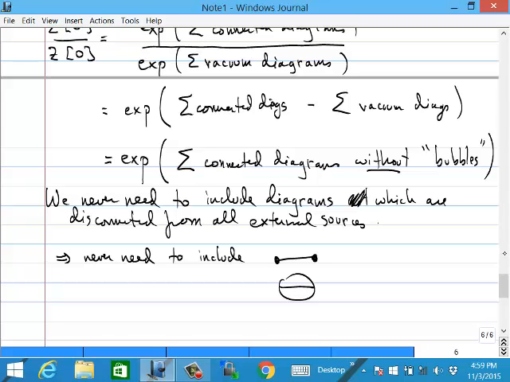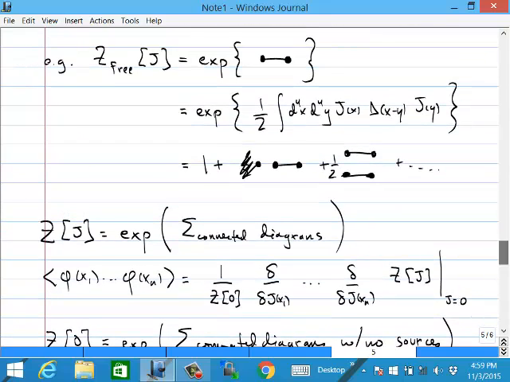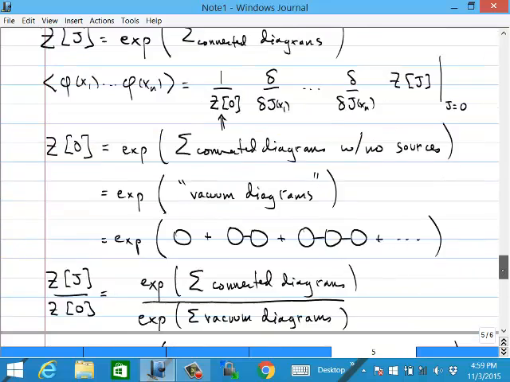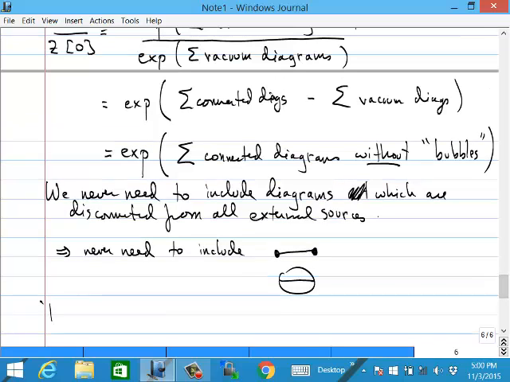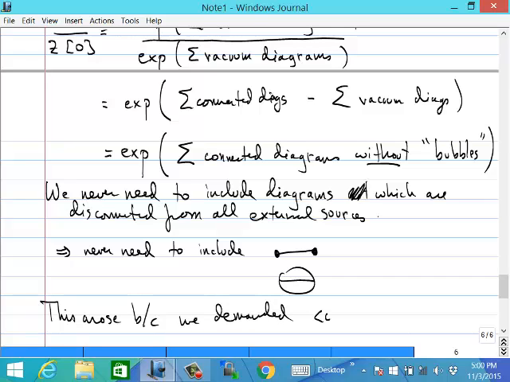Remember that this 1 over Z of 0 that appeared here appeared because in the path integral we had to ensure that the vacuum state was normalized.